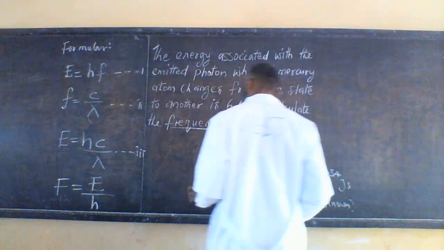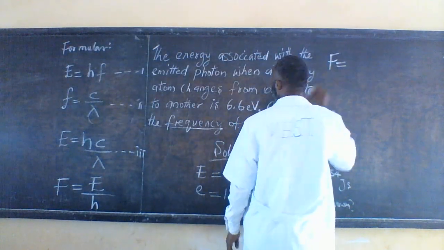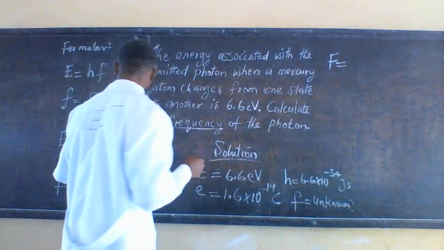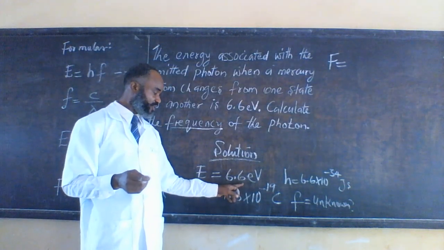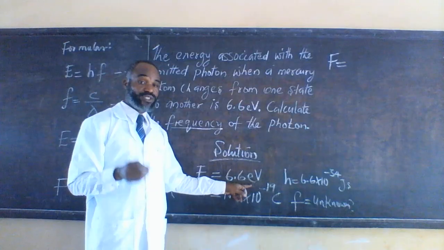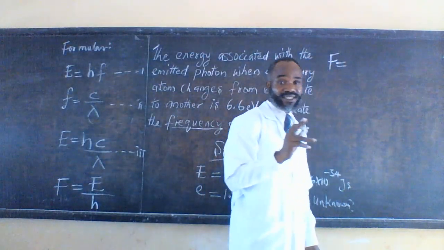At that point, we have f is equal to, for E, 6.6, but we must take into consideration electron volts, which is 1.6 times 10 raised to the power minus 19 coulomb.